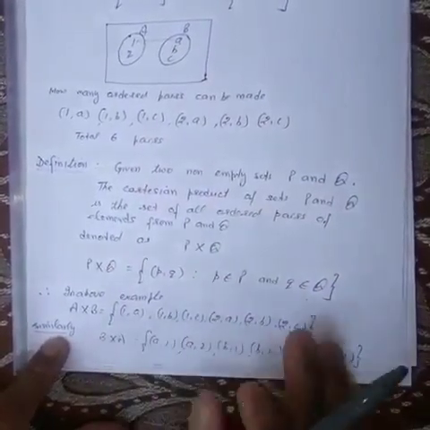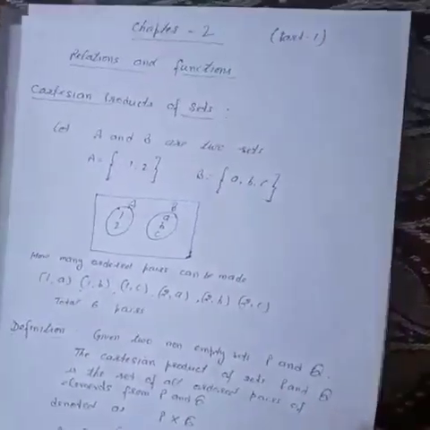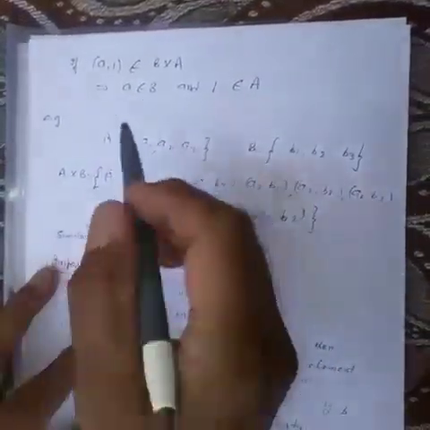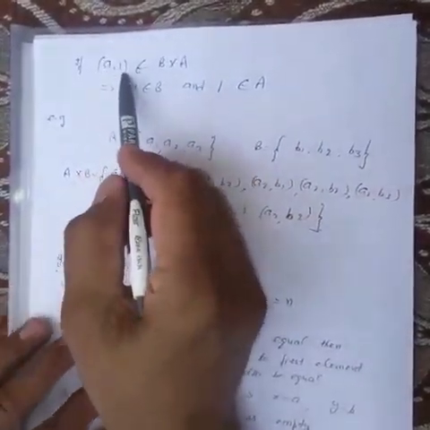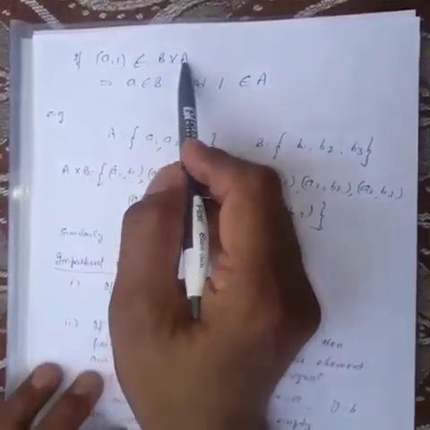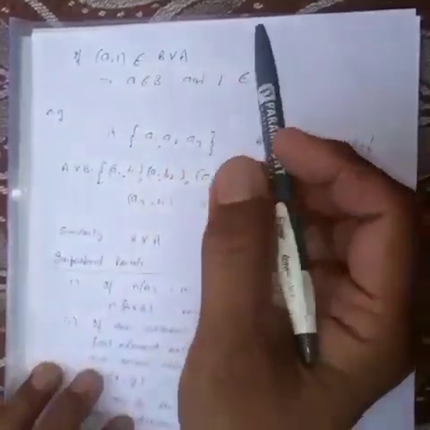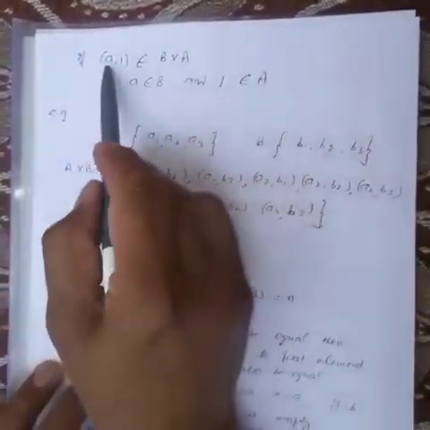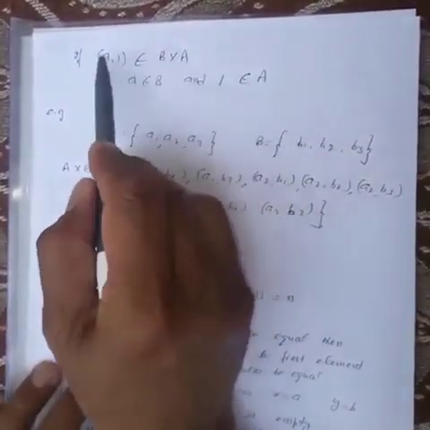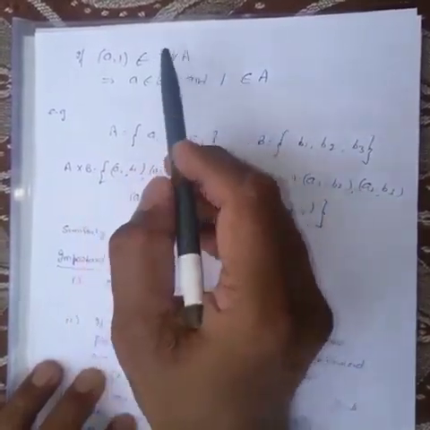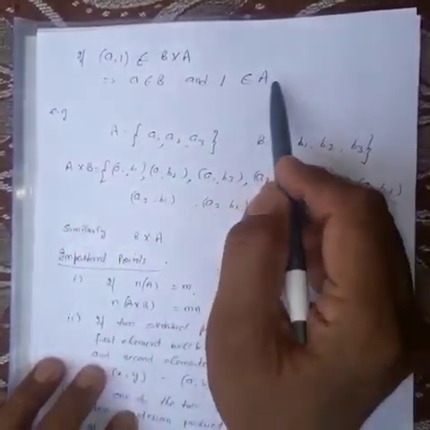This is B cross A. So this is the Cartesian product. Now if (a, 1) is an element of B cross A, it is clear that the first element belongs to the first set. a is an element of set B and 1 is an element of set A.